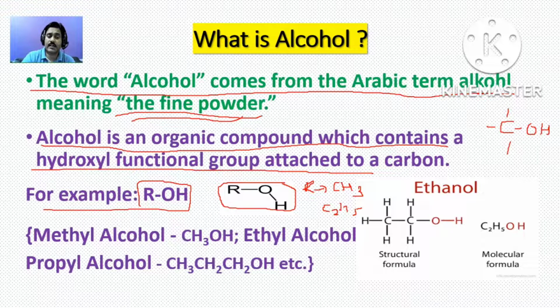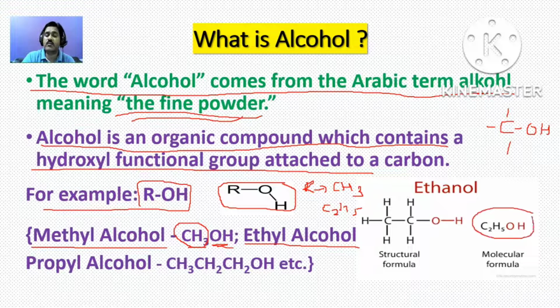Examples: methyl alcohol. Here the methyl group is attached with OH. Here R is CH3, meaning methyl group. Similarly, ethyl alcohol is C2H5OH. Here the R group is C2H5 and OH is attached to it.